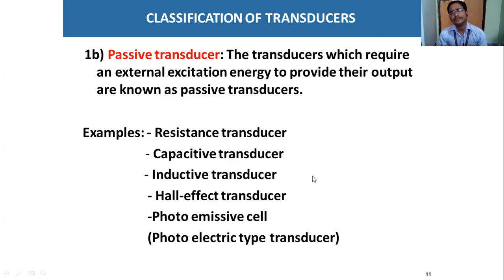We have to give some electrical supply to the primary winding for the functioning of the transducer. So it is a passive type of transducer, and another type is the Hall effect transducer. These are the examples. When we go into detail, while going through displacement measurements or other physical quantity measurements, we will see the passive transducer nature.